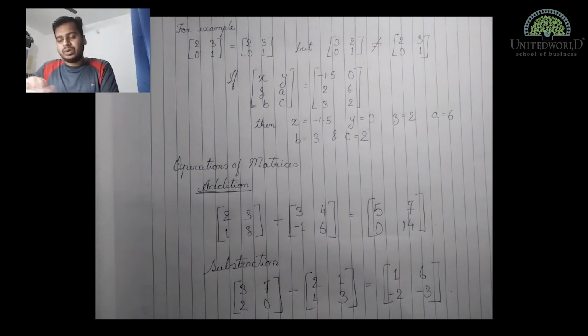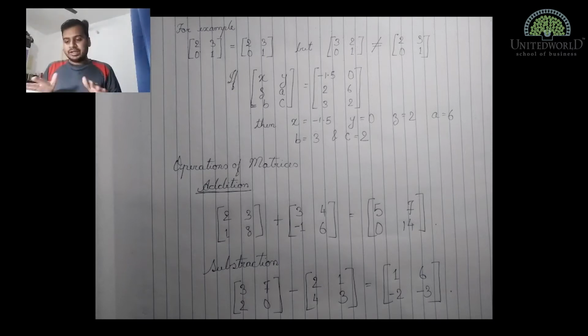So if we know that two matrices are equal, then all their corresponding elements must be equal. That means the element at 1,1 should be equal in both the matrices. So x must be equal to minus 1.5, y must be equal to 0, z must be equal to 2, a must be equal to 6, b equal to 3 and c equal to 2.